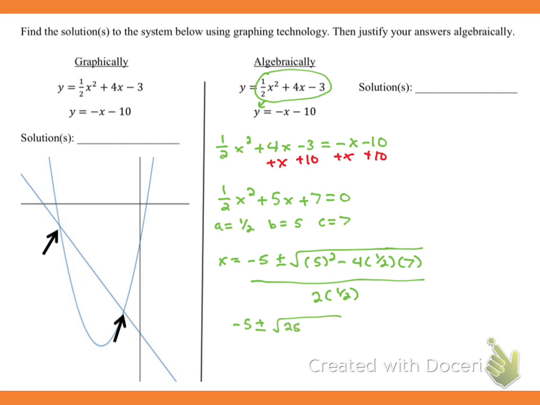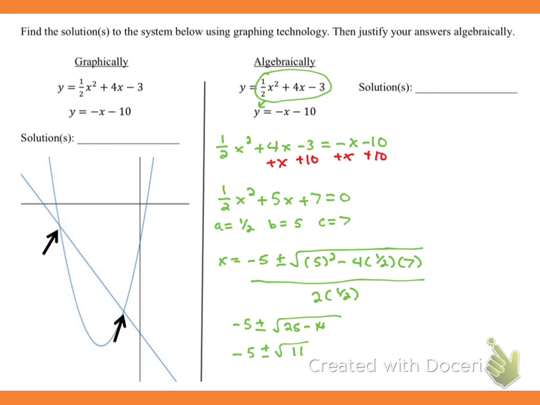We have -5 plus or minus the square root of 25 minus 4 times 1/2, which is 2, times 7 gives me 14. And then 2 times 1/2 is 1, right? So our denominator is just 1. So we'll have -5 plus or minus the square root of 11.